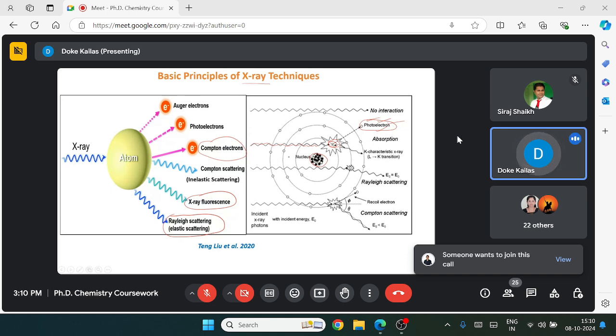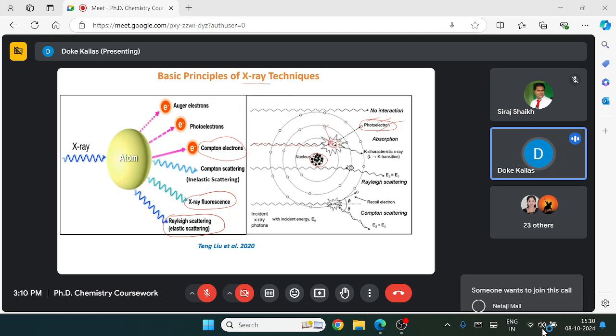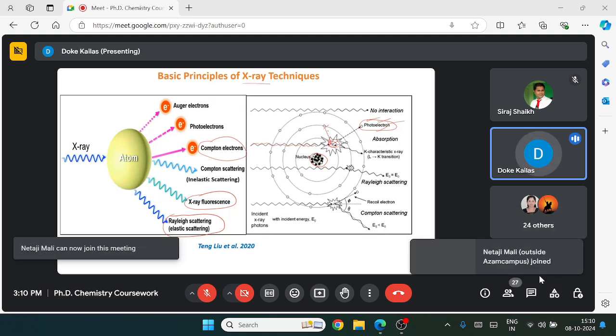Sometimes what happens, along with the photoelectrons, a secondary electron is also ejected. After ejecting the core cell electron, the system becomes unstable, and to become stable, the next cell electron jumps to fill the vacancy, and again an energy difference is observed in the system.